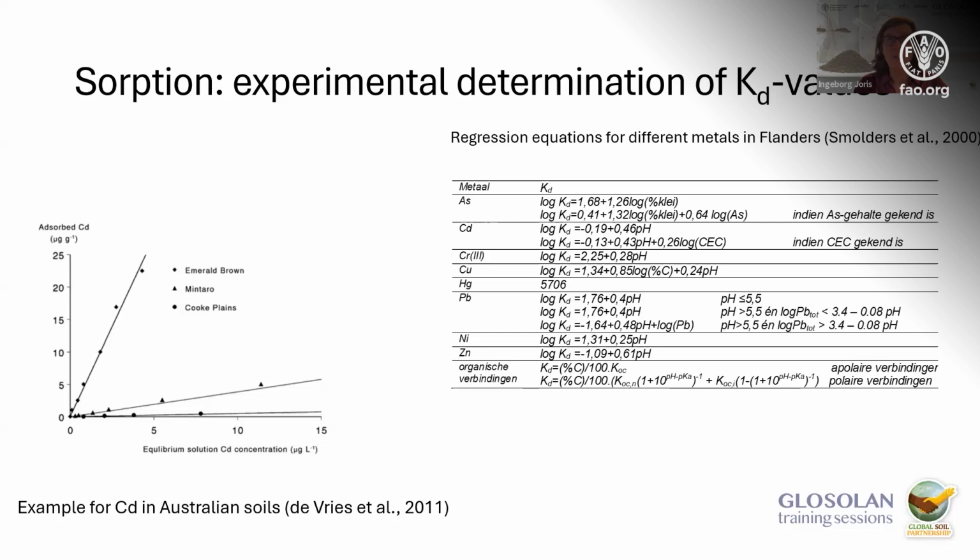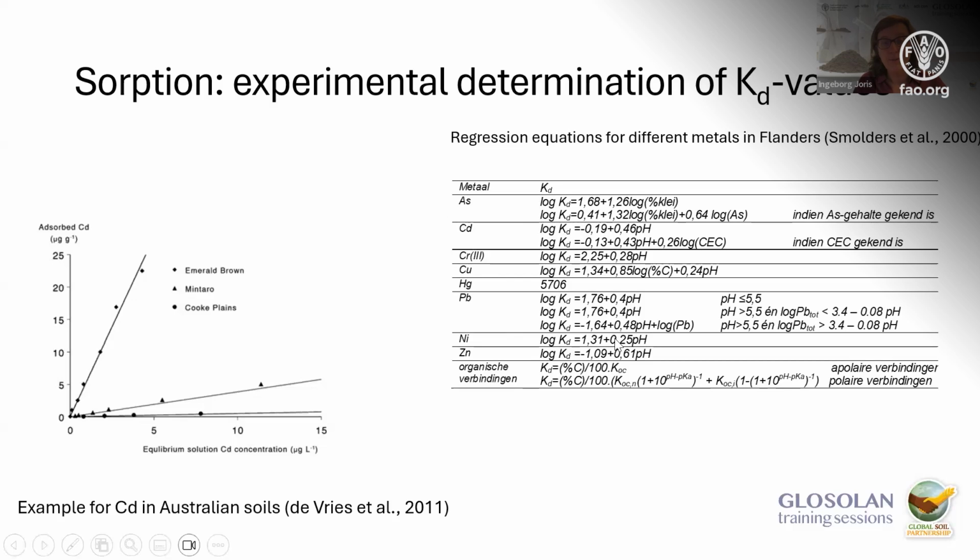So now for Flemish soils, if we know the basic soil properties, we have a good idea of the Kd value for different metals. For instance, if we look here also at cadmium, which is the second one in the table, you can see that if you know the pH of the soil, you can calculate a log Kd value, and from that, the Kd value that describes sorption of cadmium in this soil.